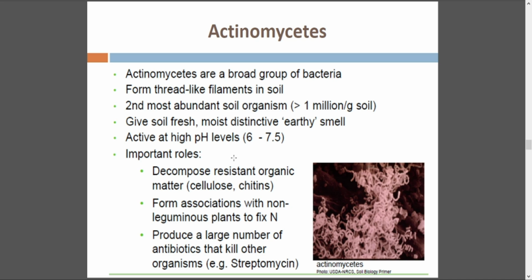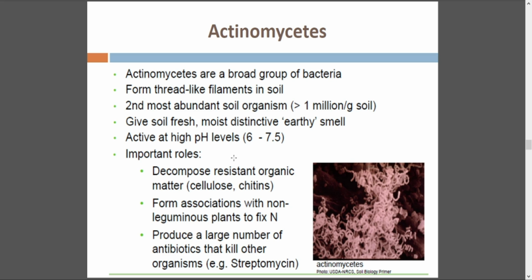The importance of actinomycetes includes decomposition of resistant organic matter, for example cellulose, and formation of associations with non-leguminous plants to help in the fixation of nitrogen. Actinomycetes also produce large numbers of antibiotics that kill other organisms which might be dangerous for plants grown in a particular area.